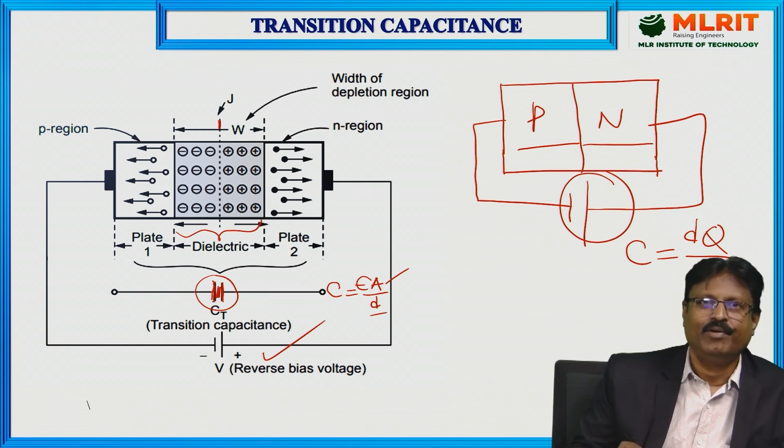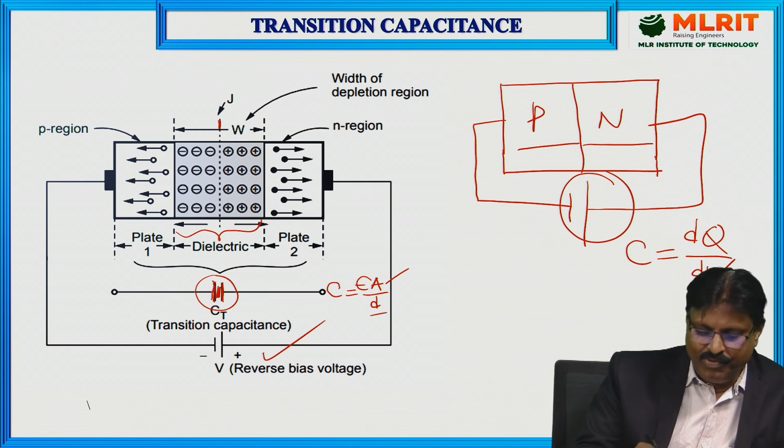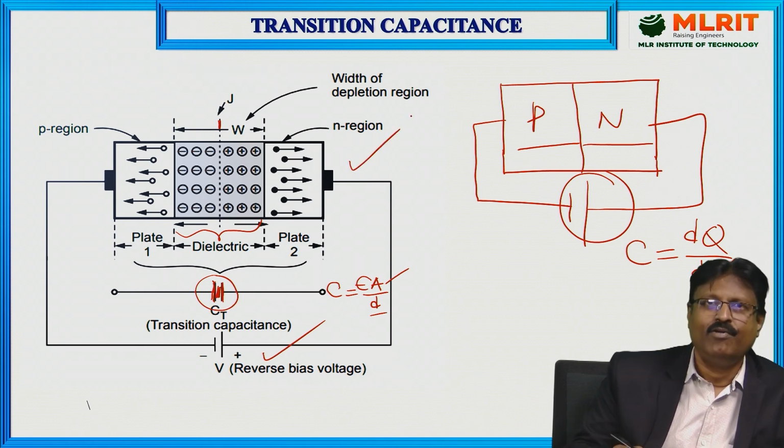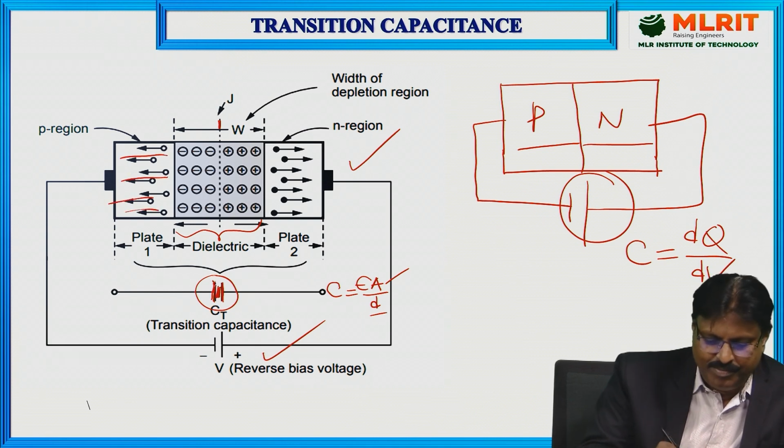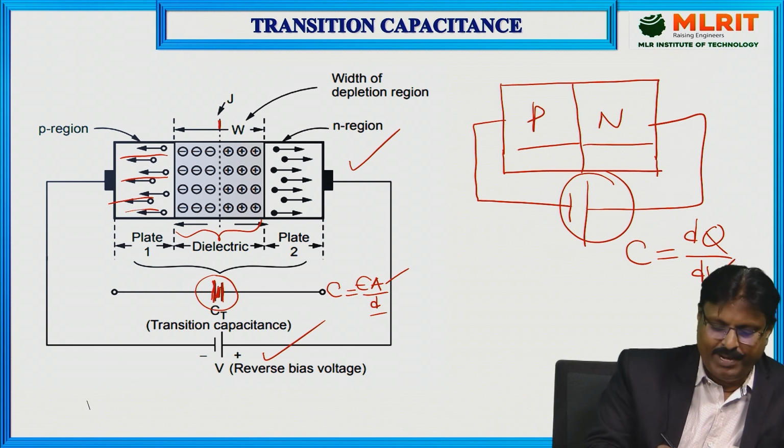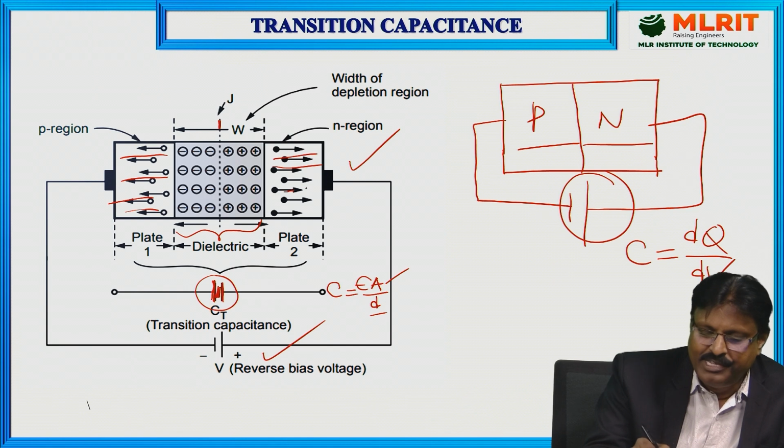When you compare this parallel plate capacitor with our PN diode under reverse bias, the total P region behaves like the left parallel plate, and the N region behaves like the right parallel plate.